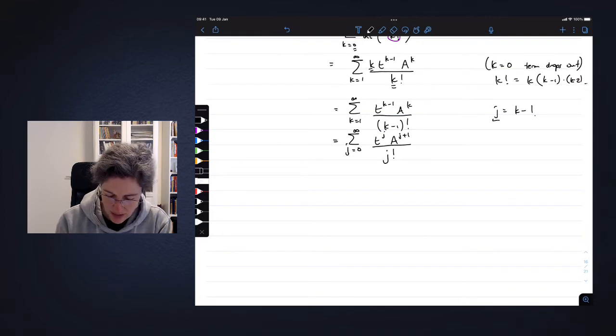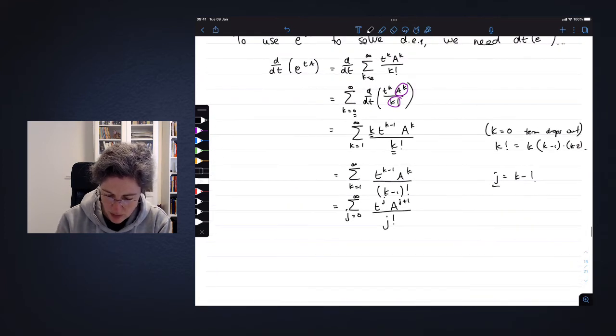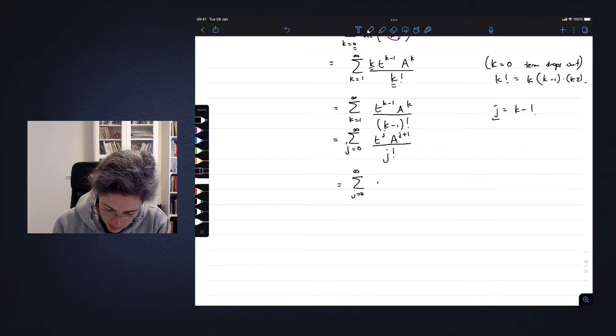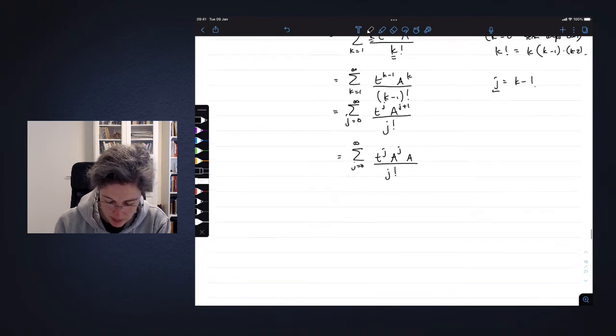And you'll see that this looks almost like this bit over here, except we've got a j plus 1. So writing this out just once more in excruciating detail, I've got t to the j, a to the j times a over j factorial.